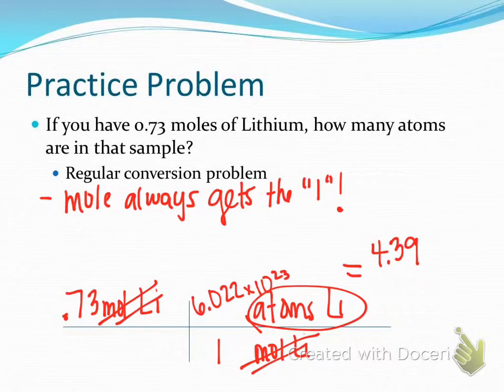Let's go to 2 decimals. Okay, so 4.39 or 4.40 times 10 to the 23rd.